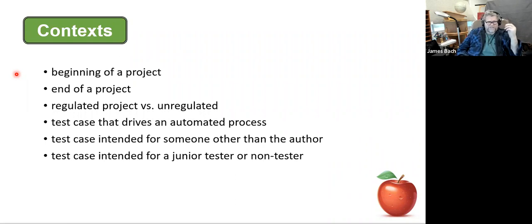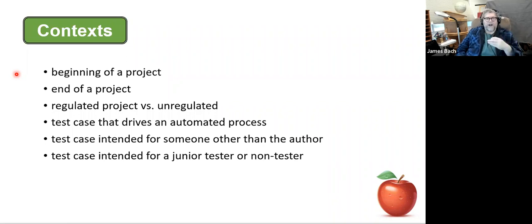That is not necessarily the case. The laws don't necessarily tell you that. So sometimes you have to push back and look at what those regulations actually say. But in general, a regulated project requires that you do some sort of documentation of your test process, or else you may be prevented from selling or marketing your product.